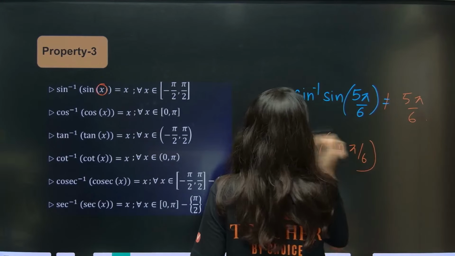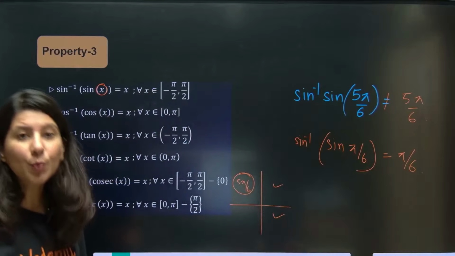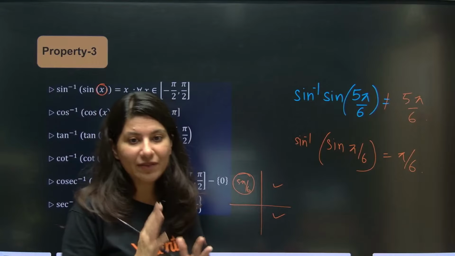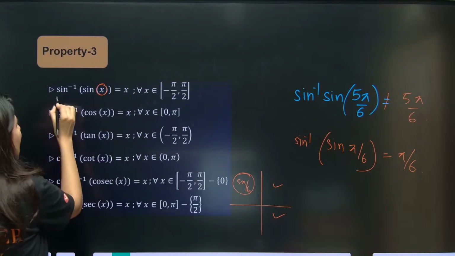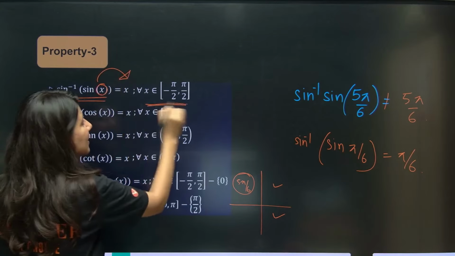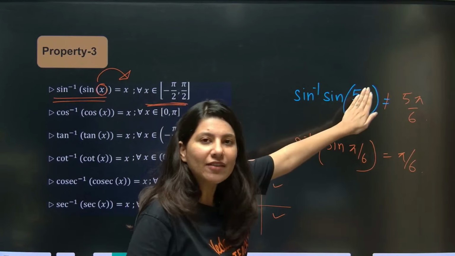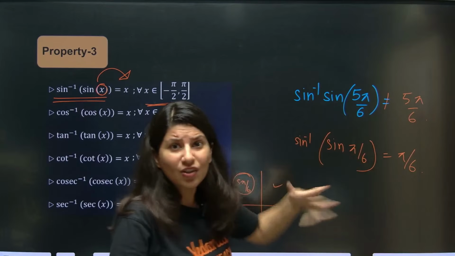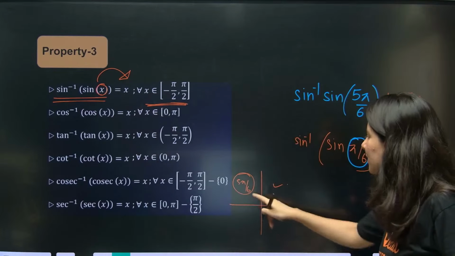And now you can write it as pi by 6, because the output over here should lie between minus pi by 2 to plus pi by 2. So can you see, sine inverse sine x will give you x if your x is already in range. Suppose instead of 5 pi by 6, the original question had pi by 6, then you don't have to worry, because pi by 6 is already in the first and fourth quadrant.